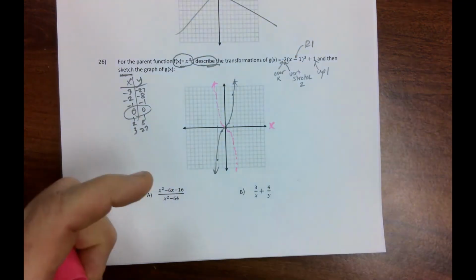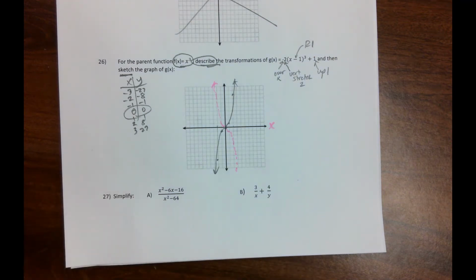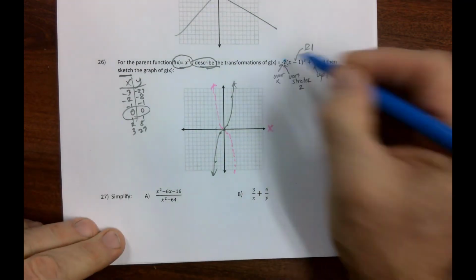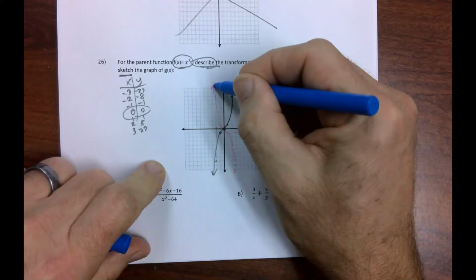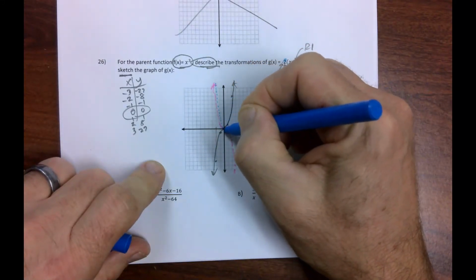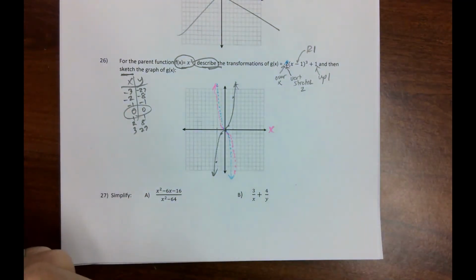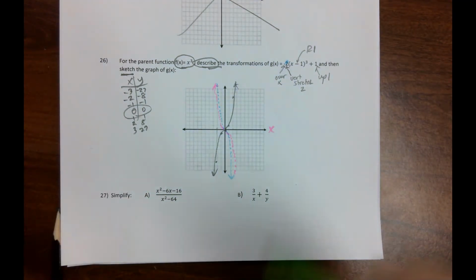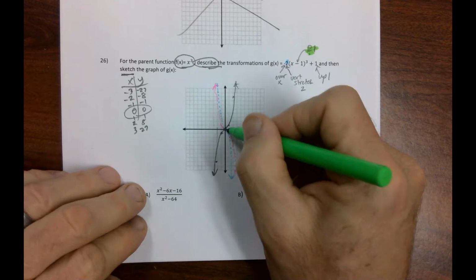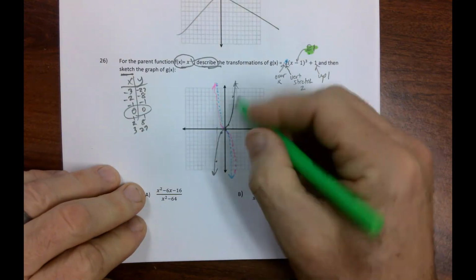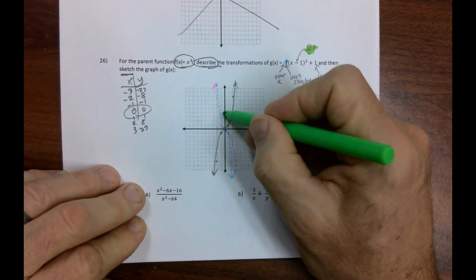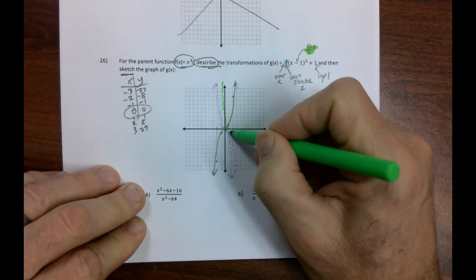Because we're not done. So now I'm going to go to the 2, and it's simply going to be narrower, a vertical stretch. Now we're going to move it right 1. So I'm going to take that blue one, move it right 1 to the best of my ability, just try to duplicate it.